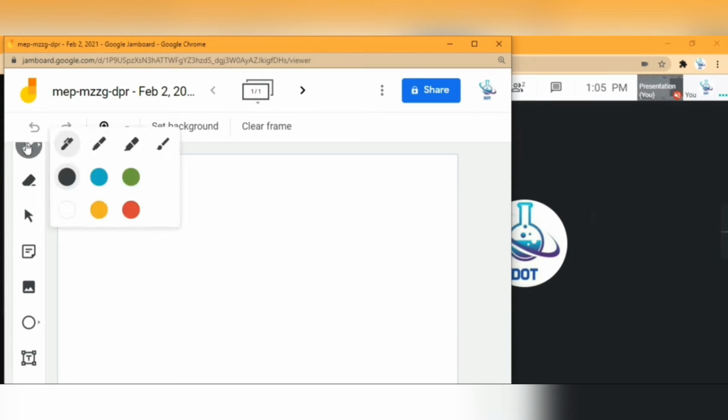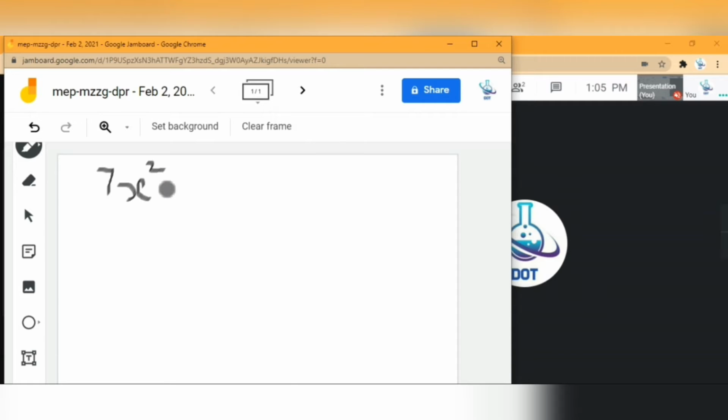For example, we can take one question, that is 7x square plus x square minus 4x plus 5, and we are adding, that is equal to plus 9x minus 10.